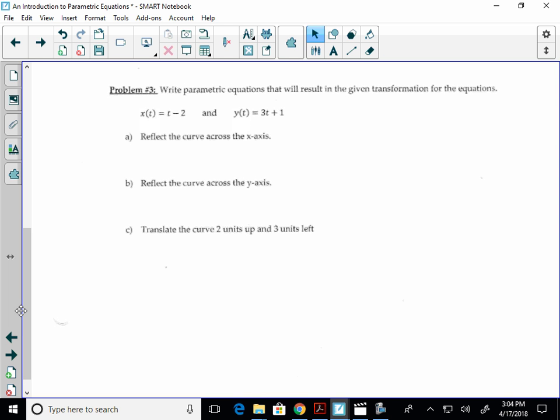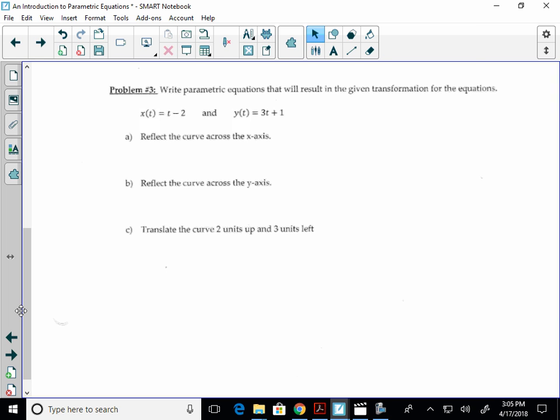Put those into your calculator. t minus 2 and 3t plus 1. Okay, what kind of curve is it? Linear?